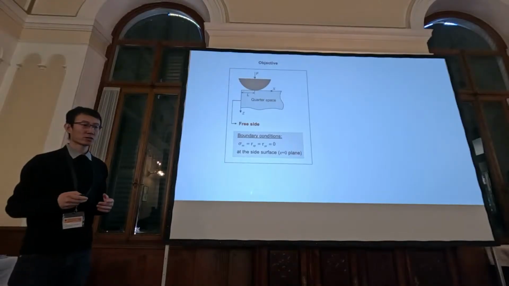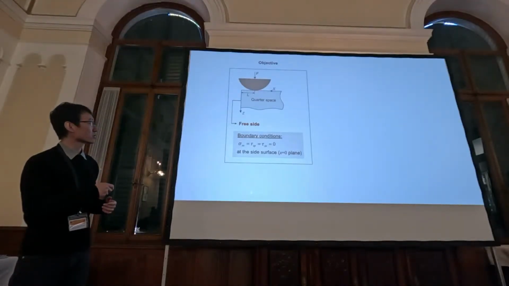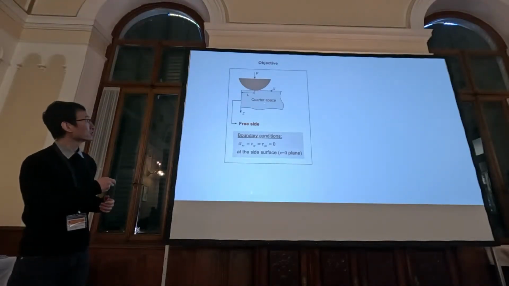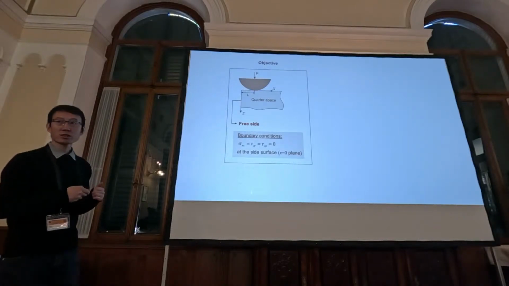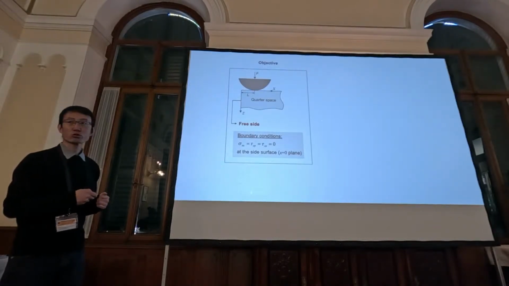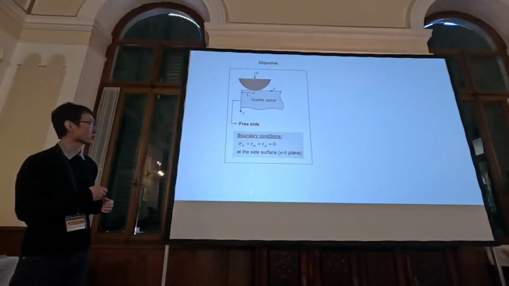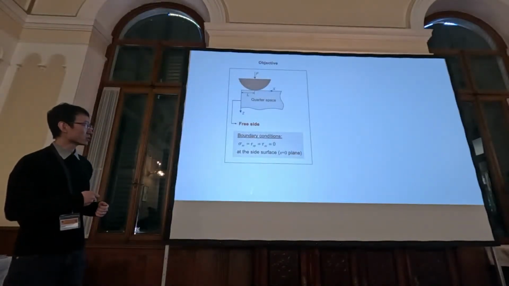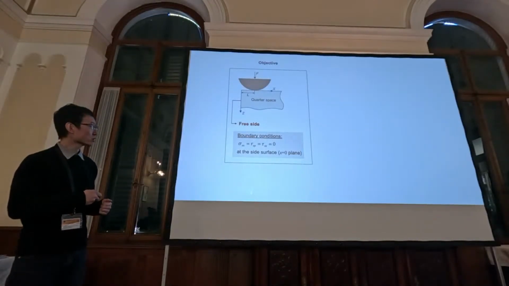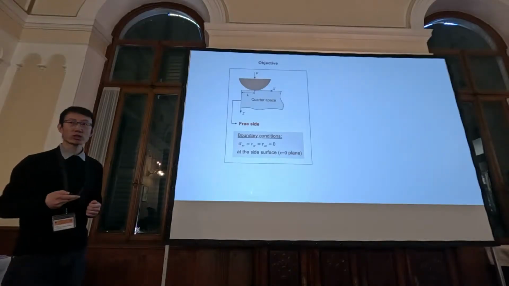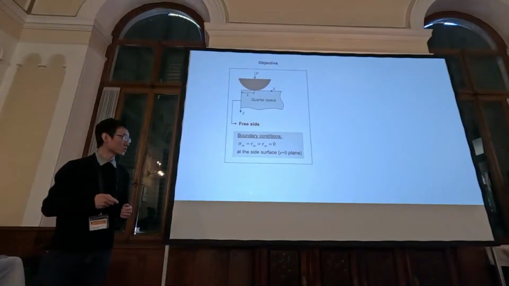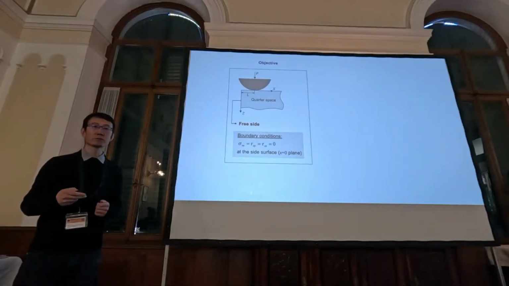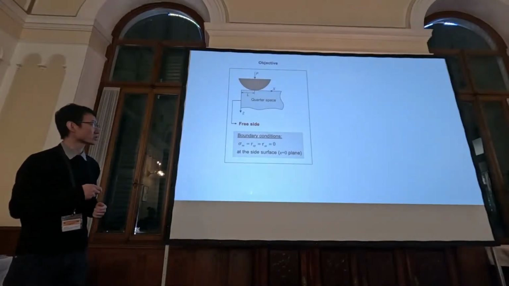Free means the x component of the stresses should be 0 at this side surface. This means one normal stress, sigma xx, and two shear stresses, tau xy and tau xz. These three stresses should be 0 at this side surface.